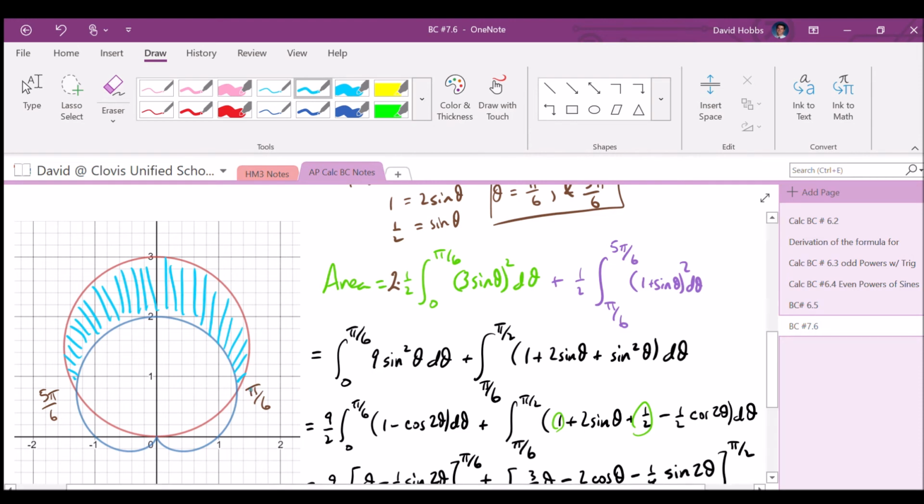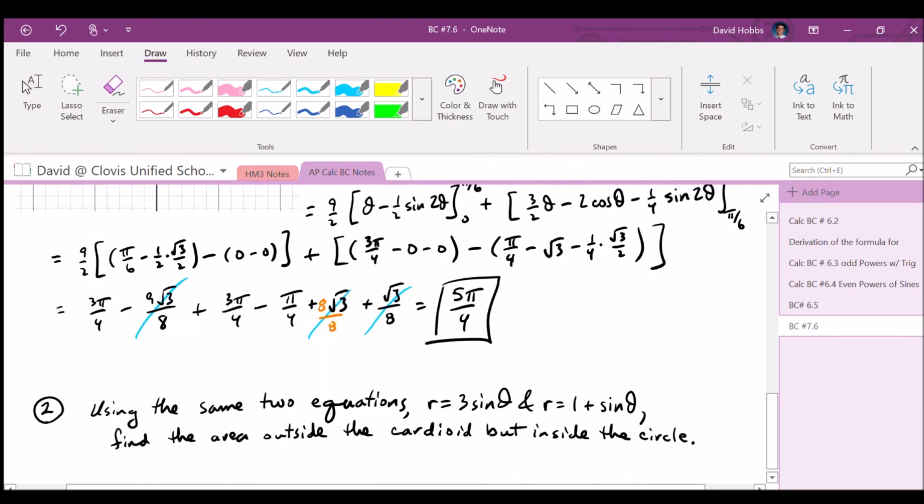And we can go from pi over 6 to 5 pi over 6, or we can take advantage of the symmetry and go pi over 6 to pi over 2 and double it. And it works either way there.